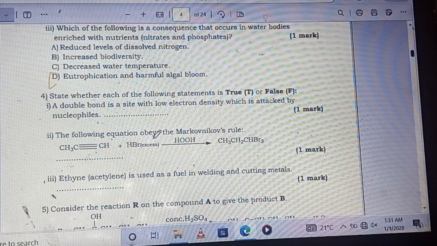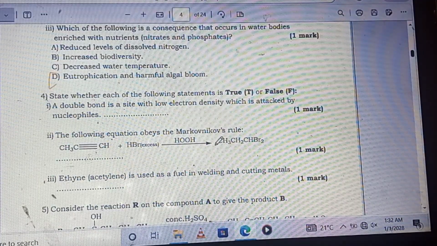II. The following equation obeys Markovnikov's rule. The correct answer is false, because as you see in this equation, we have the presence of peroxide.